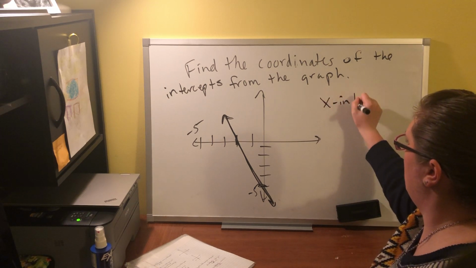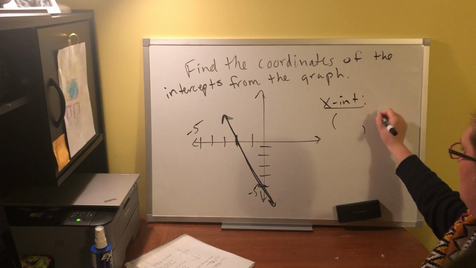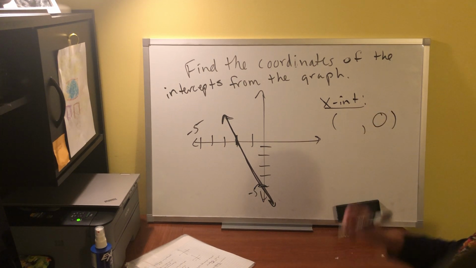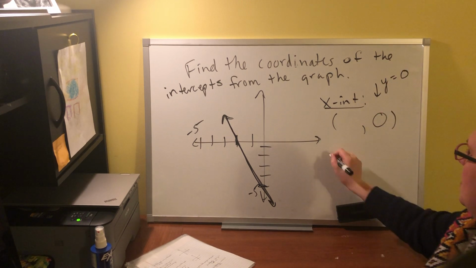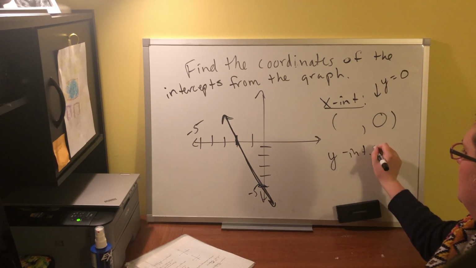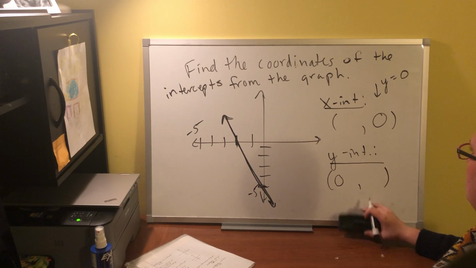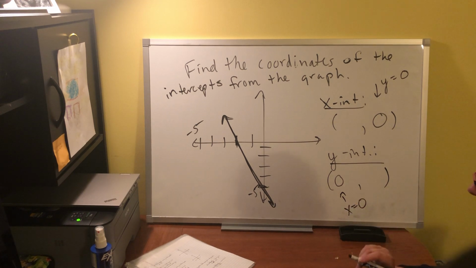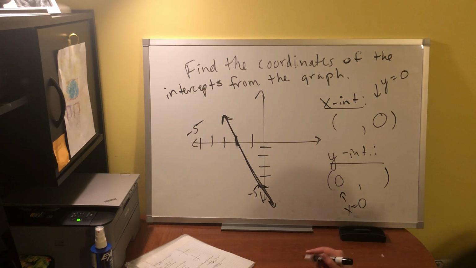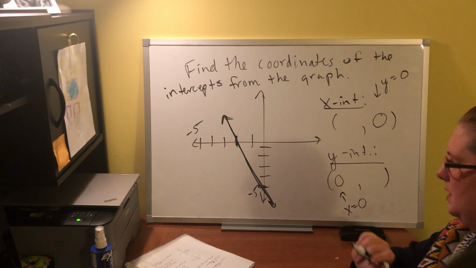So let's go ahead and look at the x-intercept. Now, we know that we have an x-intercept when y is equal to 0, right? And we're going to have our y-intercept of our graph when x is equal to 0. So you're going to look at the graph and see where it hits 0.